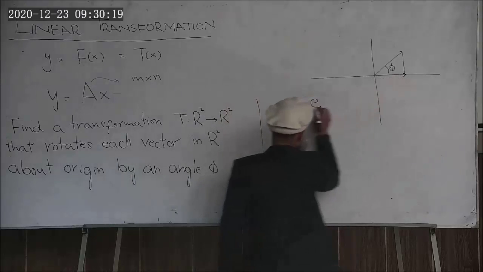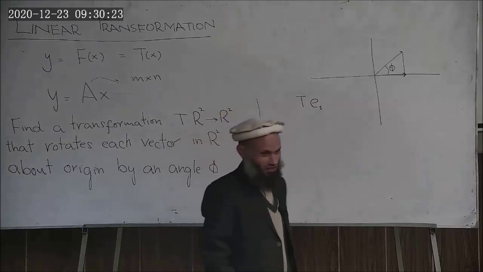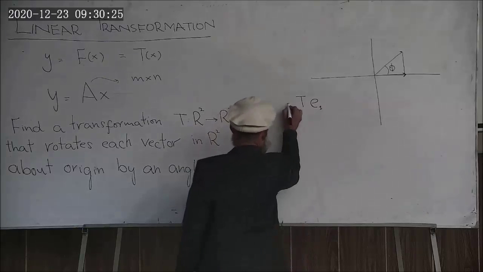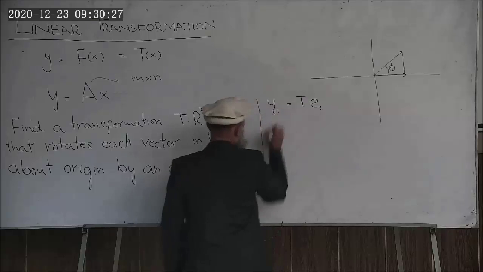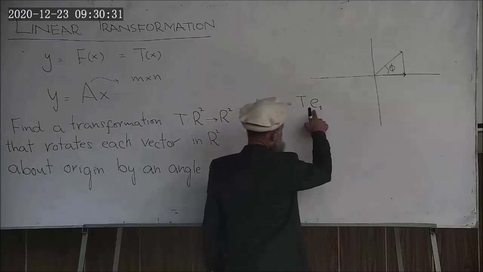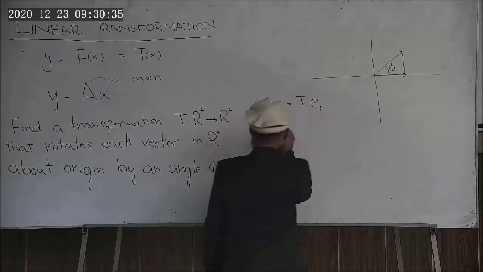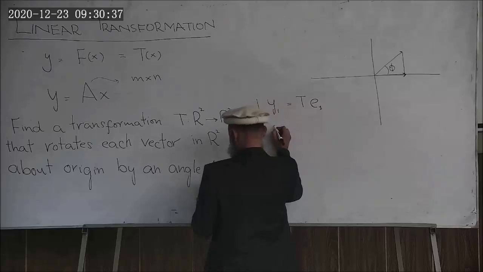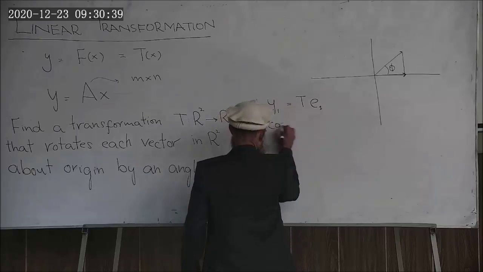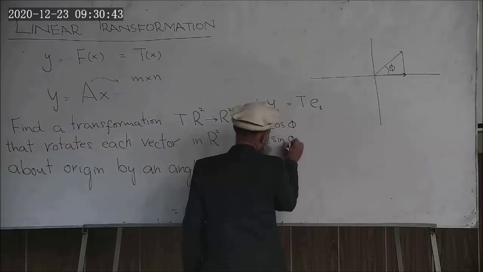E1 is this vector, and when operated on by this transformation it generates another vector Y1. This vector E1 is 1, 0, and this vector Y1 is cosine of phi and sine of phi.